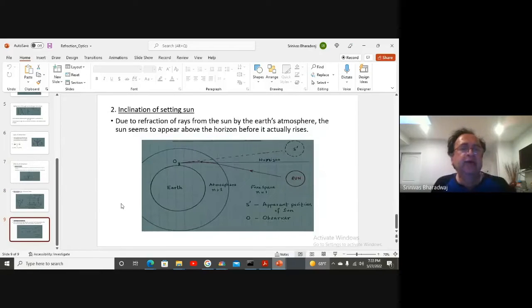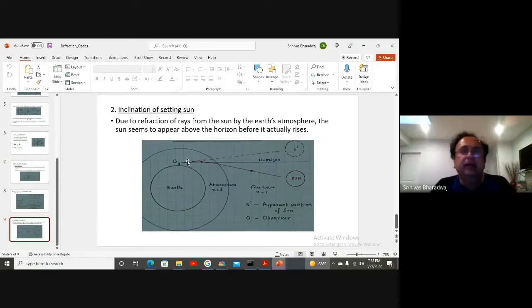Finally, we will look at the sun. Due to refraction of rays from the sun by the Earth's atmosphere, the sun seems to appear above the horizon before it actually rises. What does this mean?